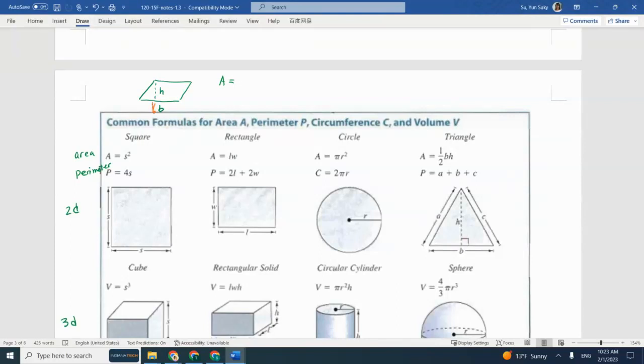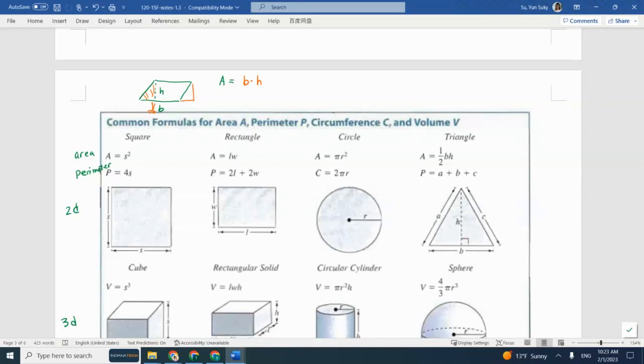Imagine we have a scissor, okay? We cut this piece and paste right here. Do you see you get a rectangle? And then the rectangle area is length, do you see the length is the B, times width. Width is the height. So parallelogram area is base times height.